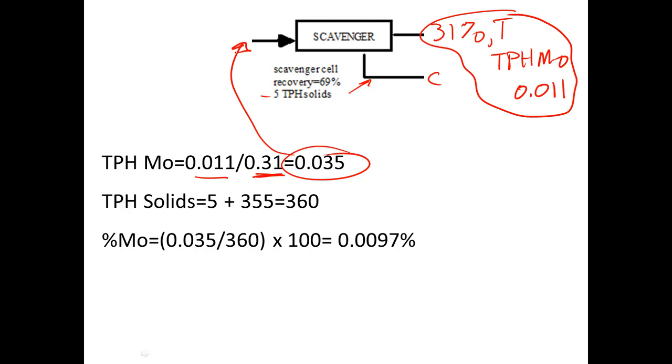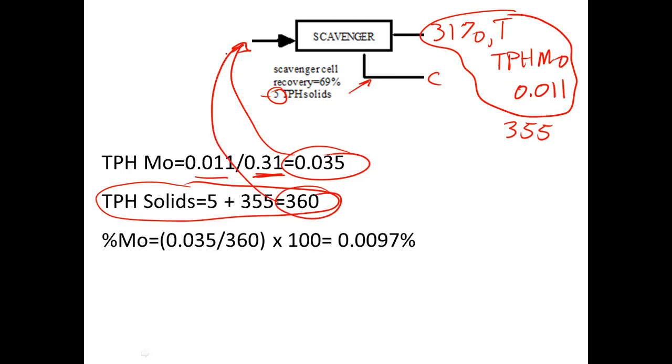The ton per hour in that feed is equal to the 5 ton per hour exiting, plus the 355 that's exiting into the tail that was given, or 360 ton per hour total solids.